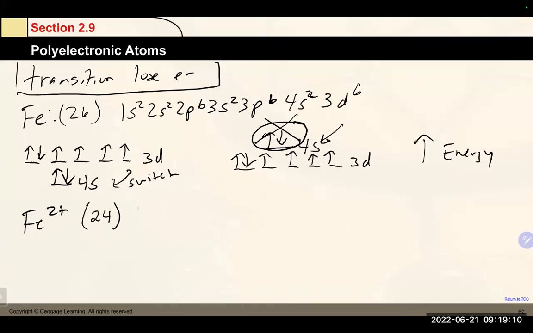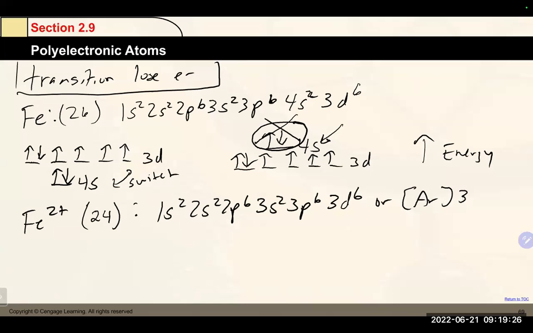That would leave us a configuration of 1s2, 2s2, 2p6, 3s2, 3p6, 3d6, or argon 3d6 as the electron configuration, where these 2 electrons are lost first.